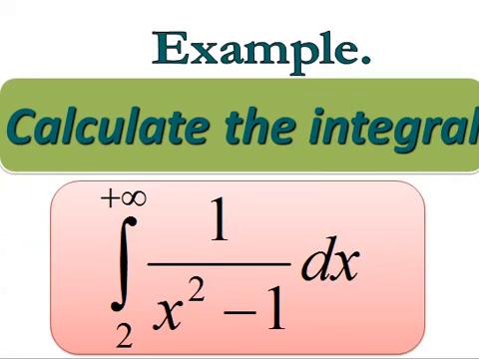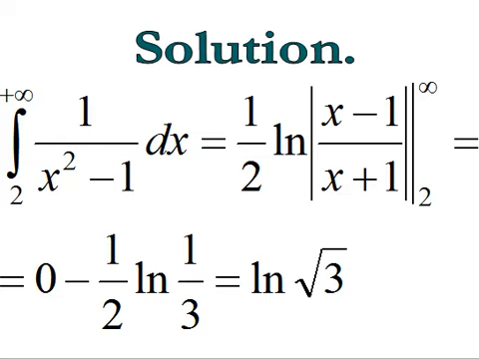In this example, we have integral from 2 to positive infinity of 1 divided by x squared minus 1. How to calculate? Here we know that we may separate this huge fraction in two parts, 1 divided by x minus 1 minus 1 divided by x plus 1.